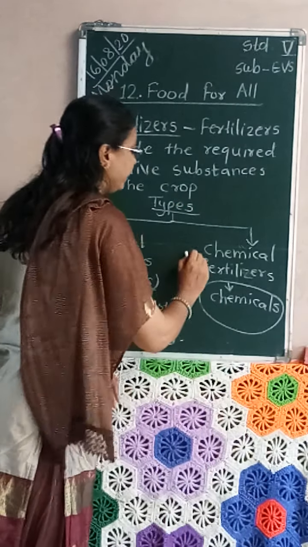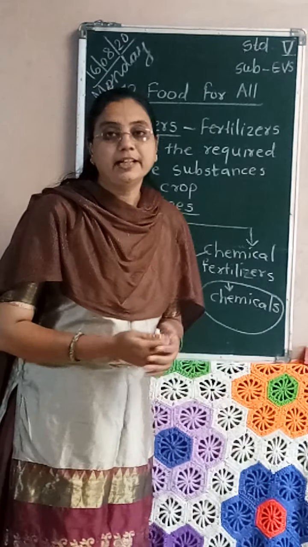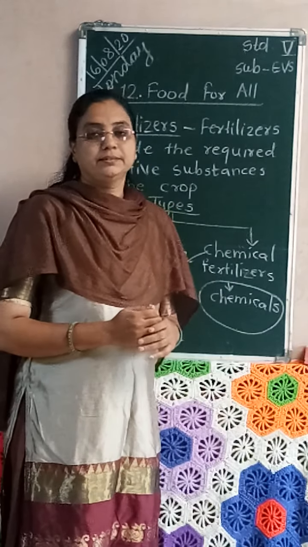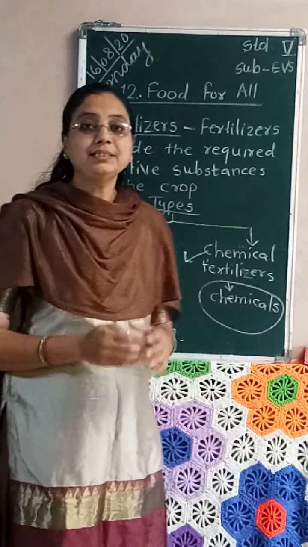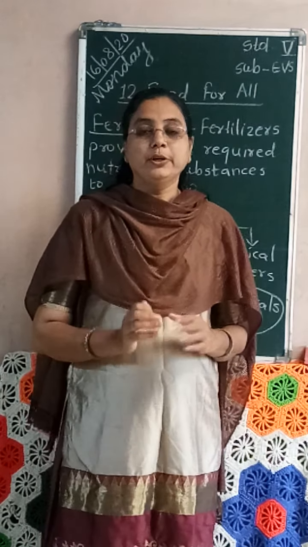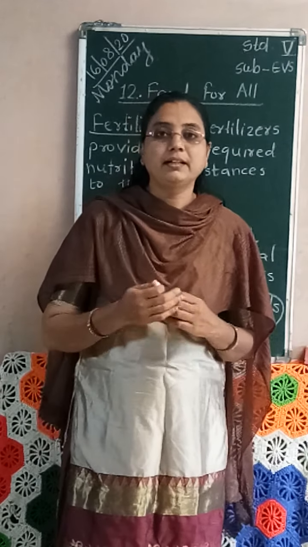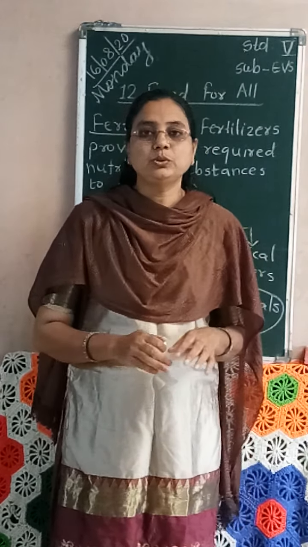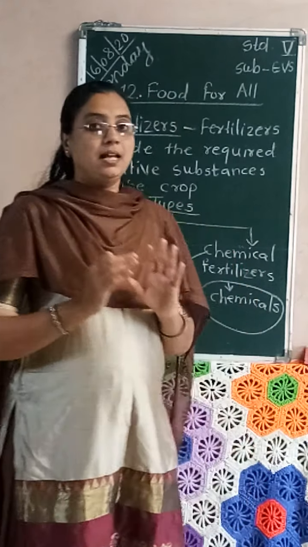Overuse of chemical fertilizers decreases the fertility of the field. The land becomes barren. Barren means the land becomes infertile. We should not use chemical fertilizers in great amounts. We should avoid the use of chemical fertilizers.